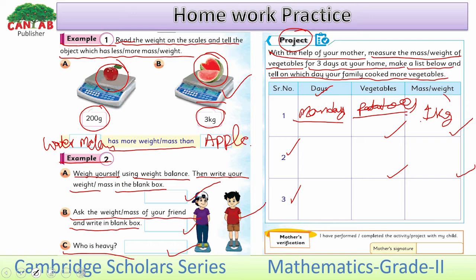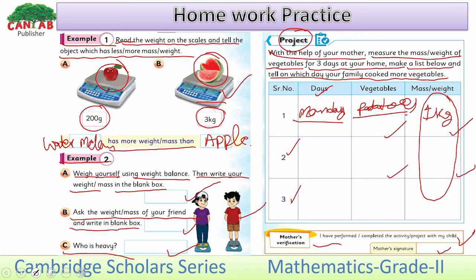So you have to compare these things. Similarly, complete this project with your mother. After completing this project, get the signature of your mother on this place. This is your mother's verification that she performed this project with you.